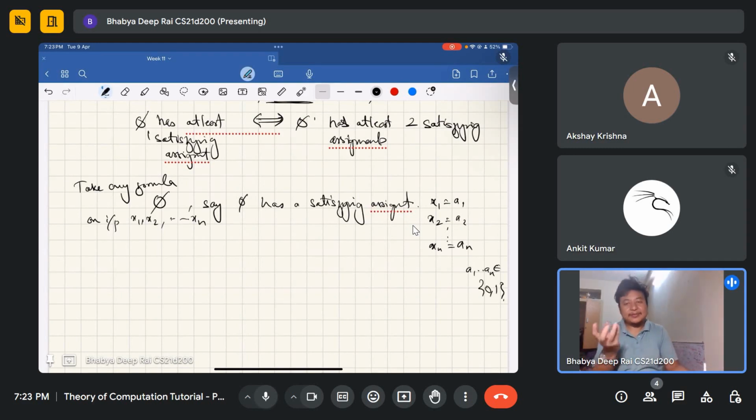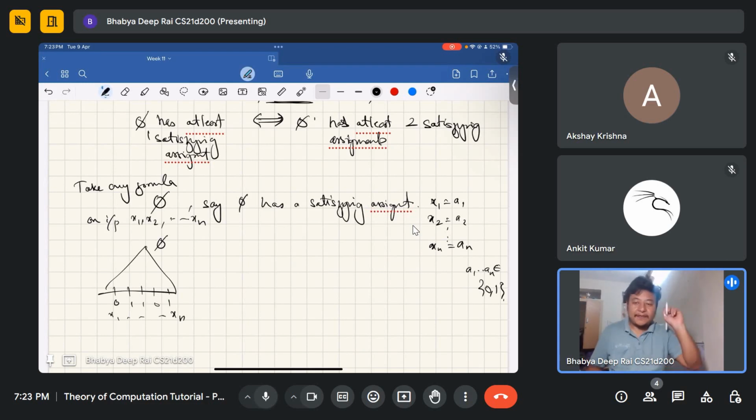These are binary bits. For example, if I give it 0 1 1 0 1 and so on for x1 to xn, the output of phi will become 1 for this particular setting of inputs.